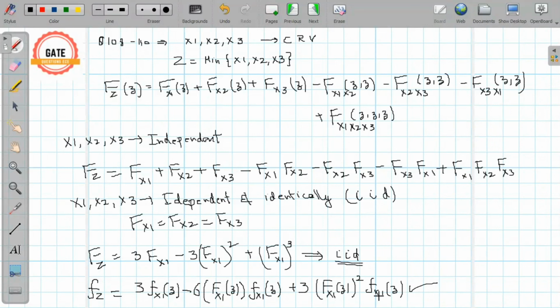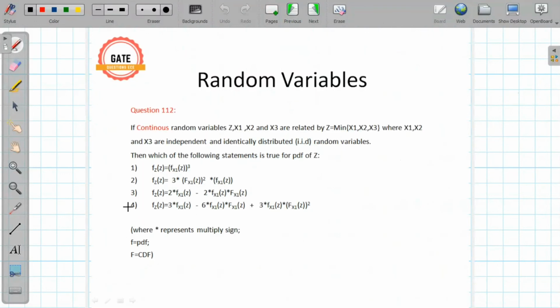So this is the final answer to this question, and the correct option is option 4.